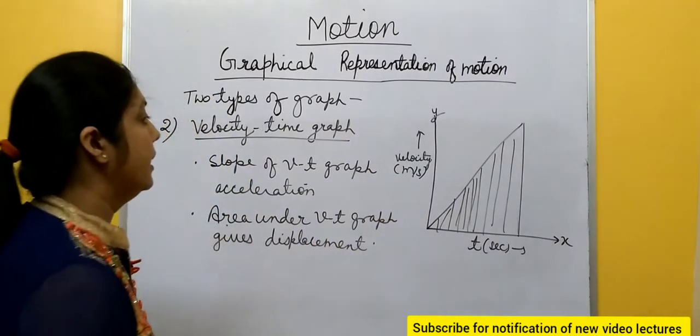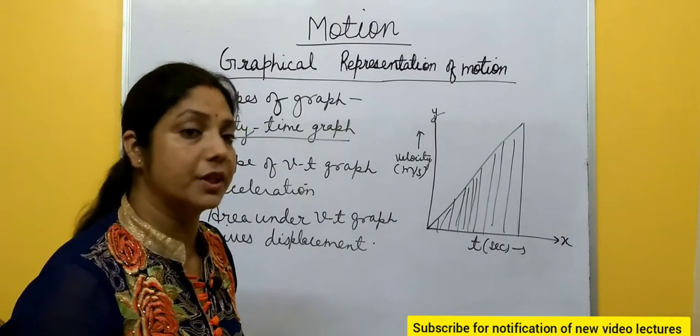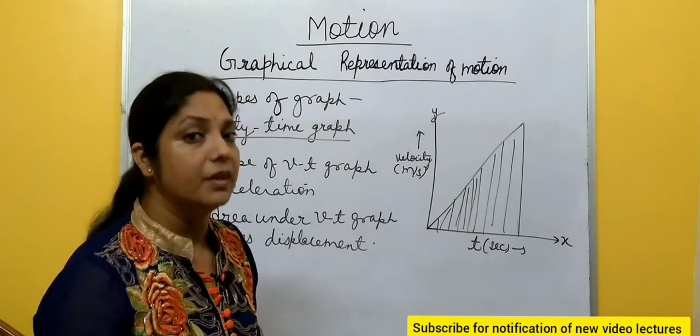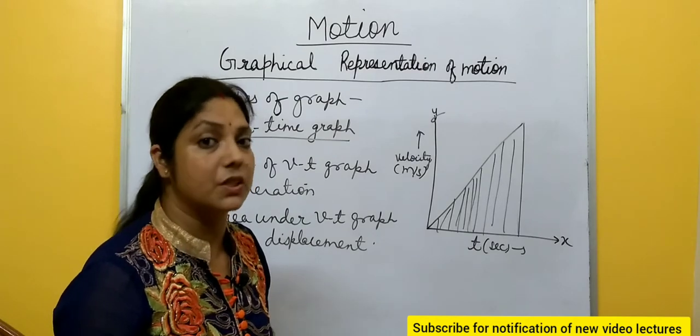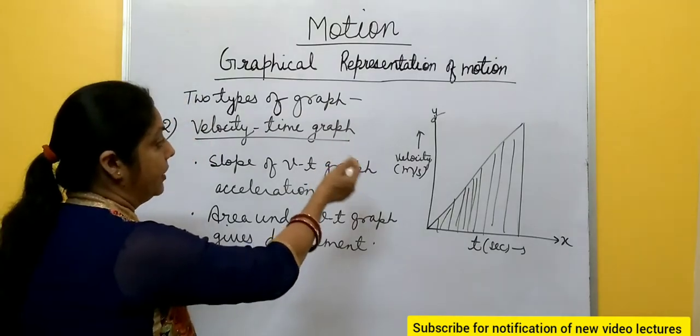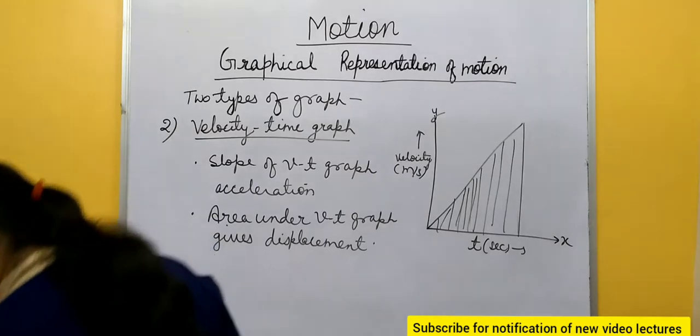Here again there are different cases: when the body is in uniform motion, when velocity is constant, velocity increases with time, velocity decreases with time, which means non-uniform motion. So again there are different cases in case of the velocity time graph. We will discuss them one by one.